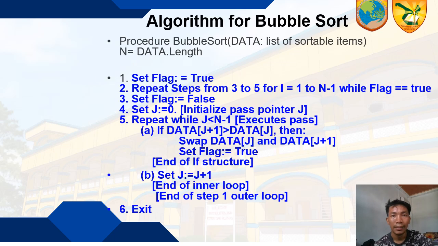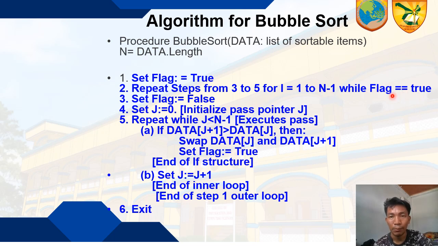And to better understand how the bubble sort works in a contextualized algorithm setup, we have here: set flag equal to true first, and then we repeat steps 3 to 5 for I equal to 1 up to n minus 1 while flag is true.